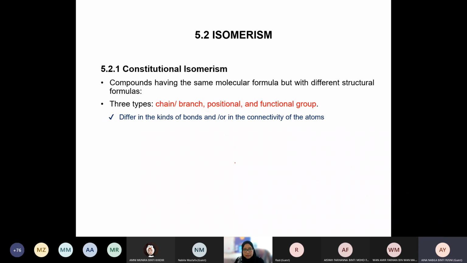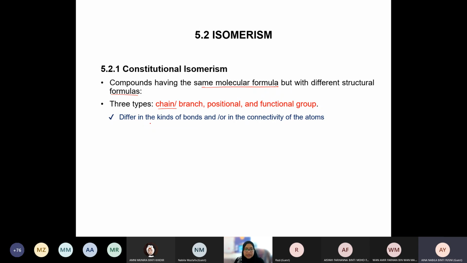Okay, so a very quick recap on constitutional isomerism. What is constitutional isomerism? Compounds having the same molecular formula, but with different structural formula. So there are three types. It can be chain or branch, positional, and functional group.